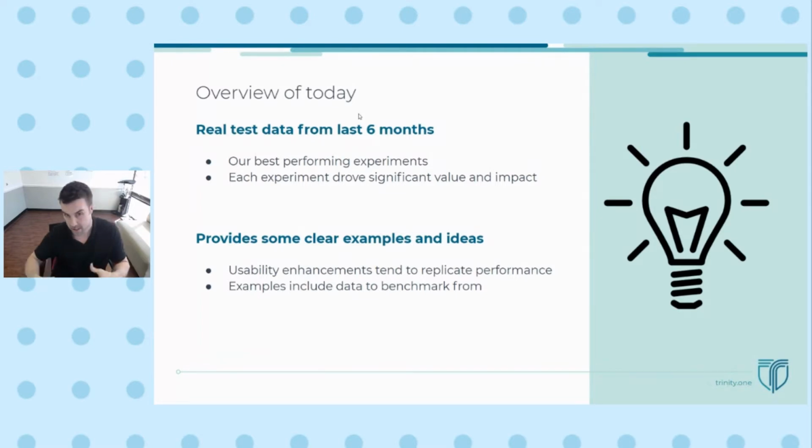Or in some instances, I threw a couple in there that you're going to be surprised by. But really, again, the goal is to give you some ideas and examples so you can replicate this performance. Because what we found is usability enhancements, especially in e-commerce contexts, tend to replicate performance when you leverage them on an alternative website. So hopefully you get some great ideas.